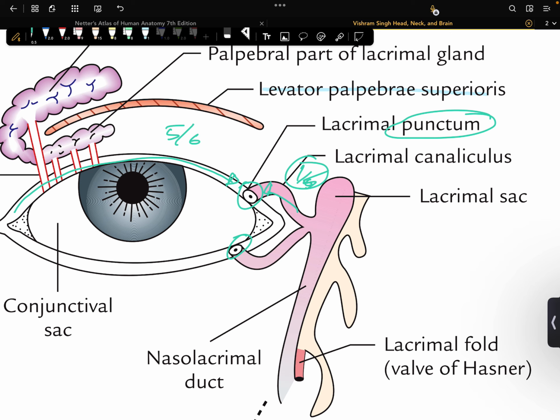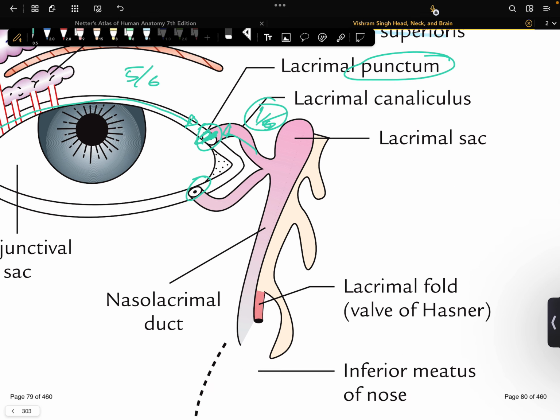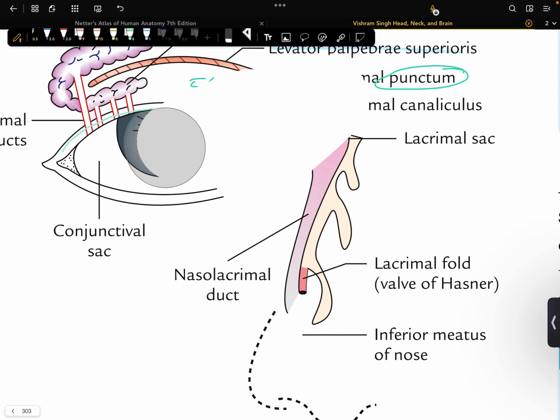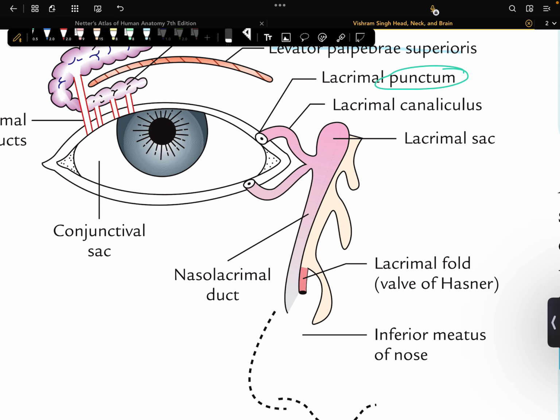A conical projection is there. I will be explaining this one. So lacrimal punctum means here laterally we have 5/6, and here medially 1/6 of the lid.